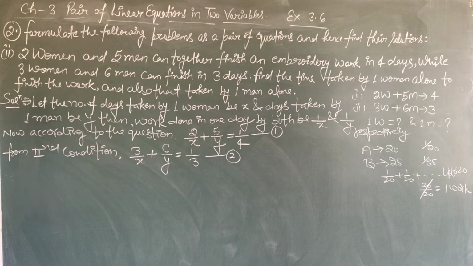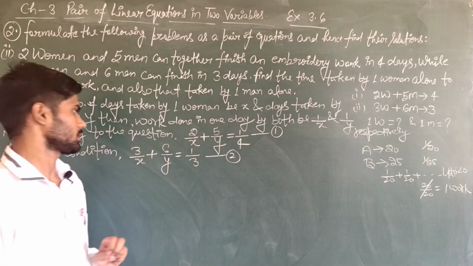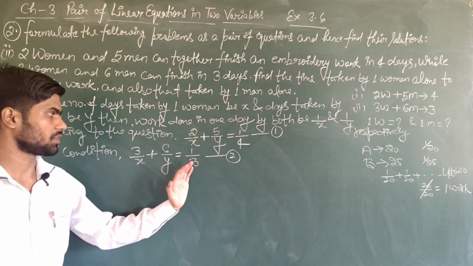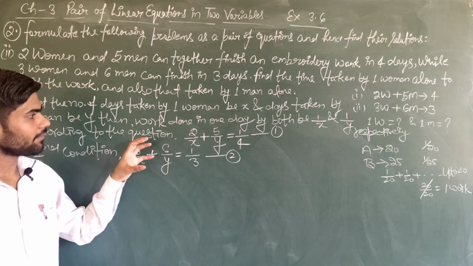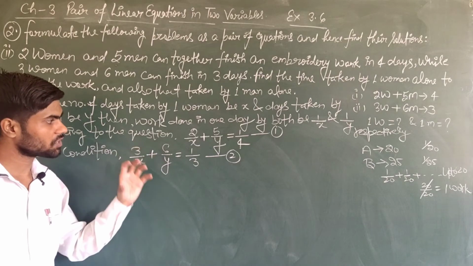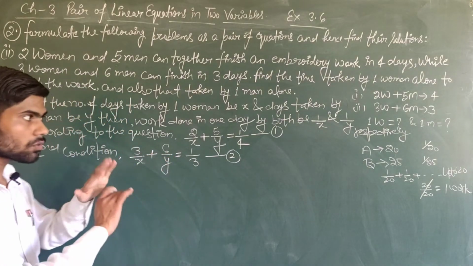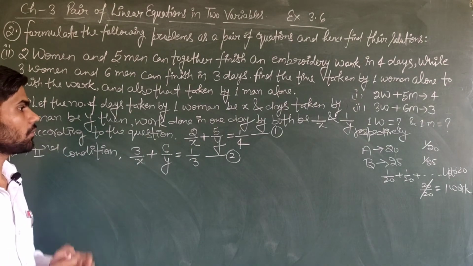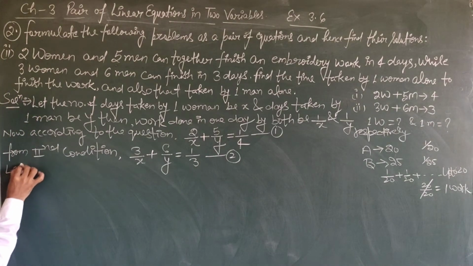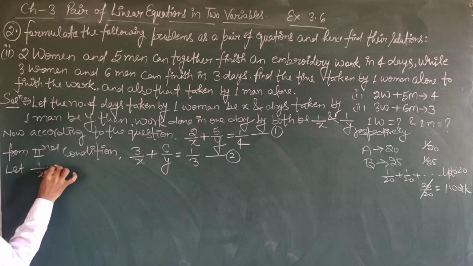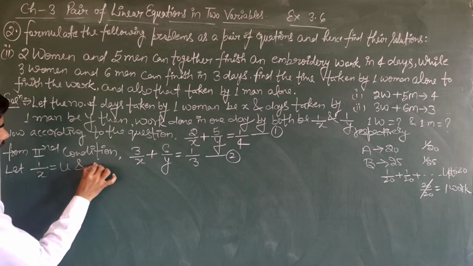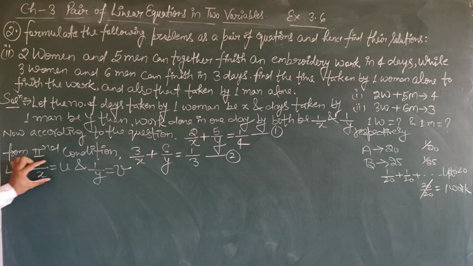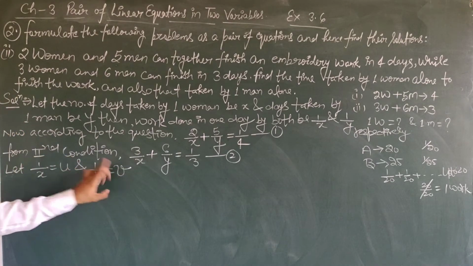Okay, finally we get 2 equations, and we know that these are 2 non-linear equations. We have already solved this type of equation in question number 1. How can we solve this type of equation? We can let 1 upon x be equal to u and 1 upon y be equal to v.